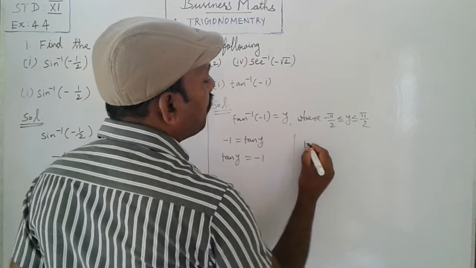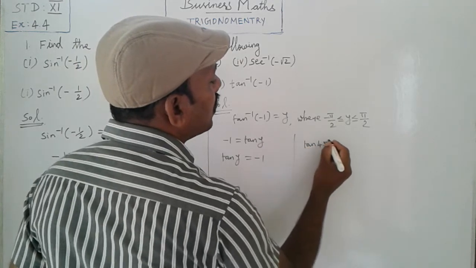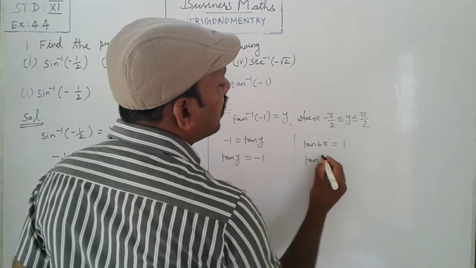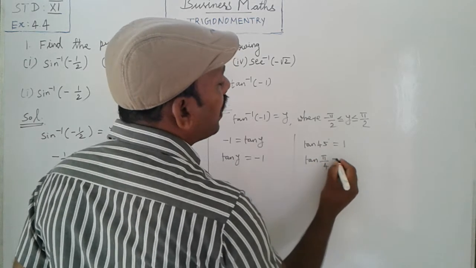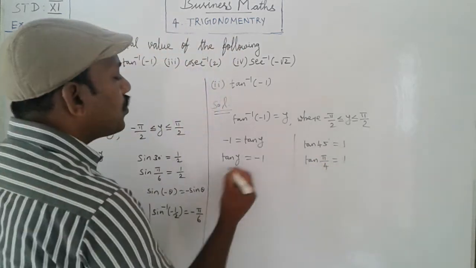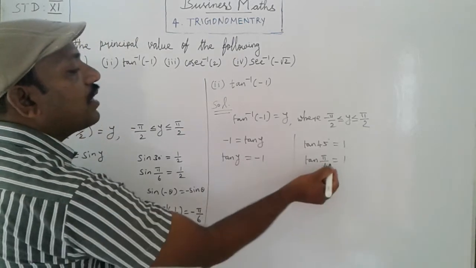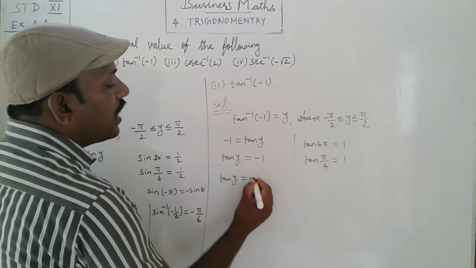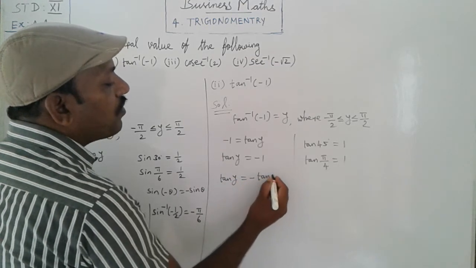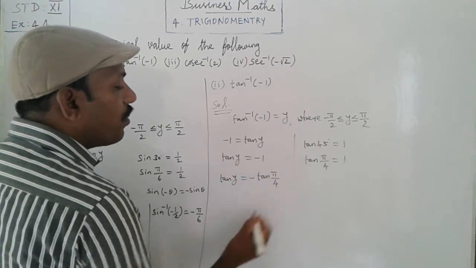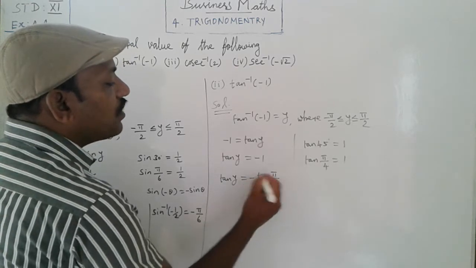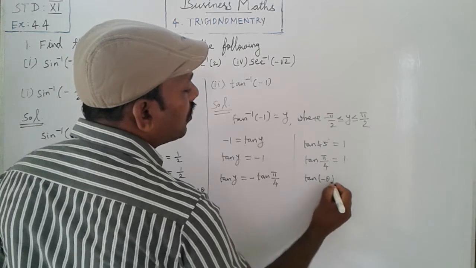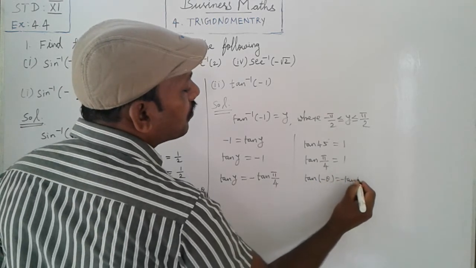So tan 45, we know that tan pi by 4 value is 1. We substitute 1 for tan pi by 4. Tan y equal to minus tan pi by 4. Tan of minus theta equal to minus tan theta, we know that.